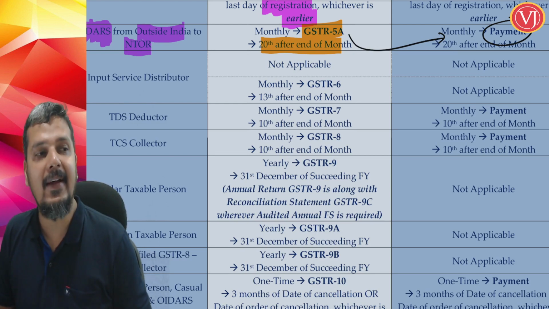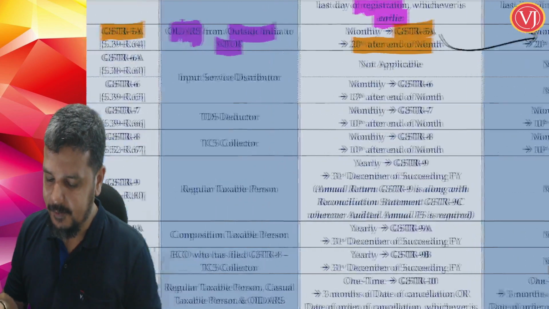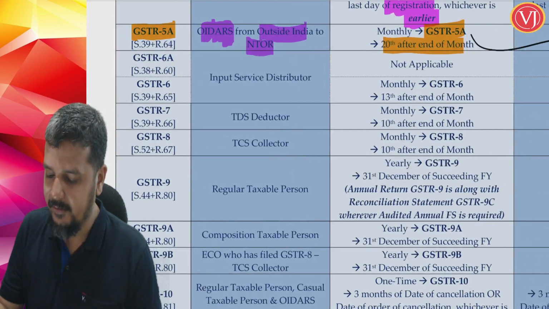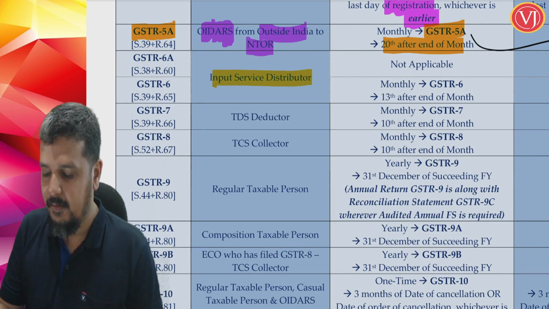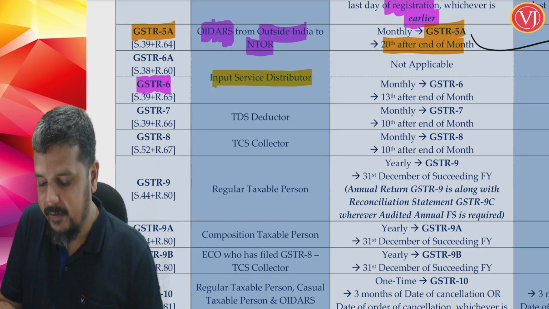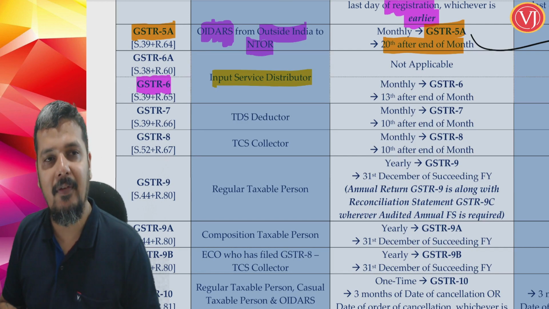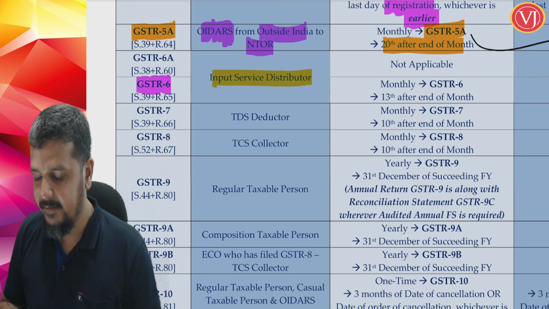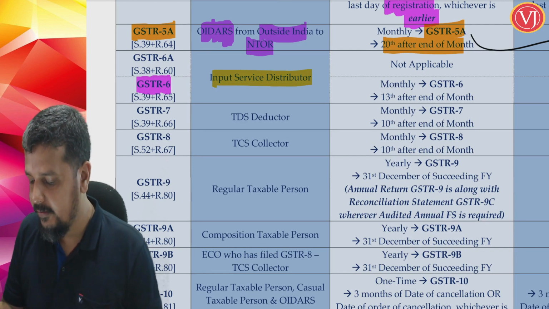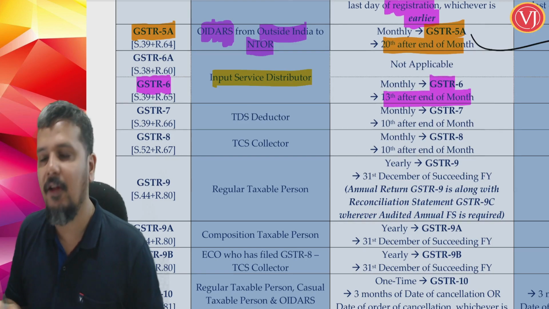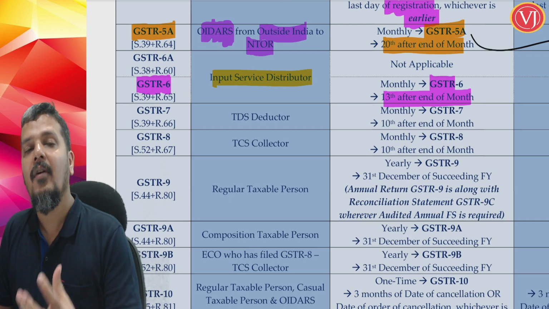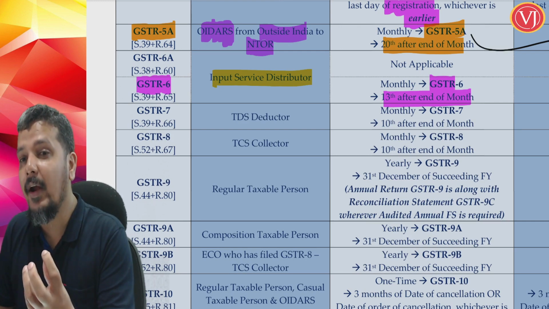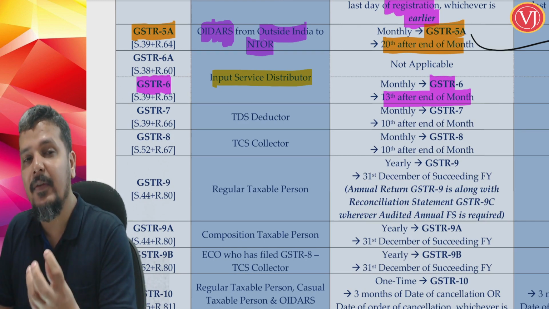Clear? GSTR 5A. Next we have something called your input service distributor, which will file GSTR 6, the due date of which is the 13th after the end of the month. Reliance Limited, having 15 registrations for the common input services, will have something called an ISD, input service distributor.